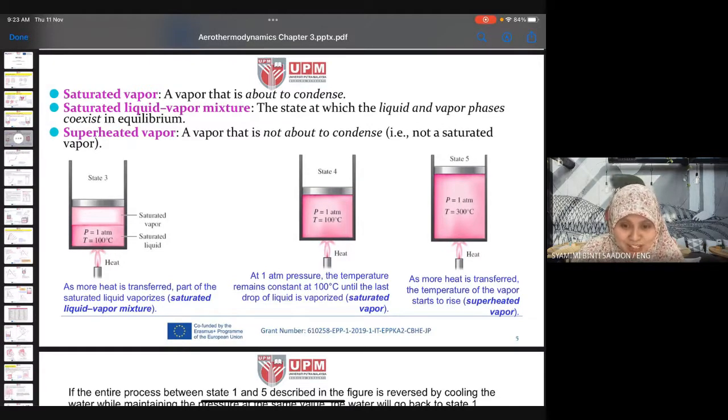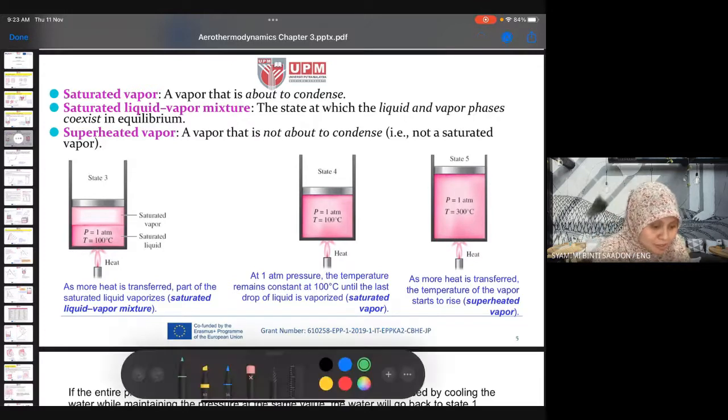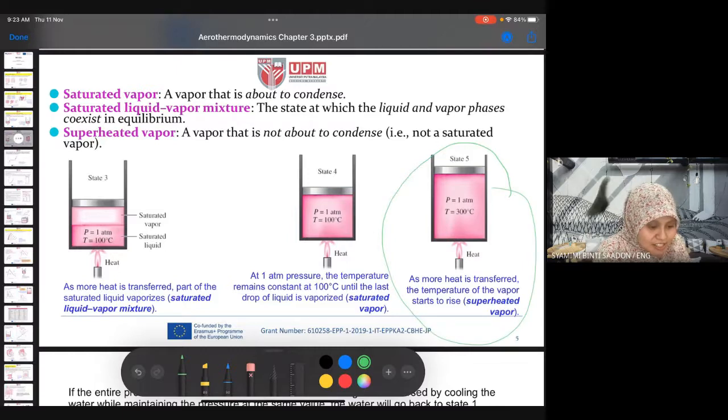As more heat is transferred, the temperature of the vapor starts to rise, so we call this phase a superheated vapor. For water, maybe 300 degrees Celsius is what we call superheated. For other substances, the temperature is different, depending on the fluid.